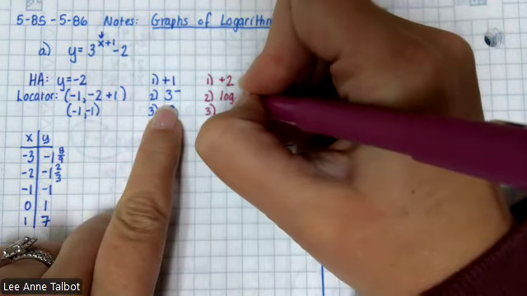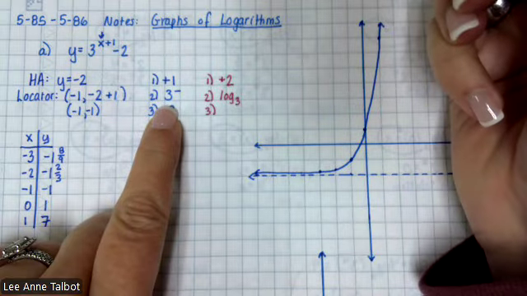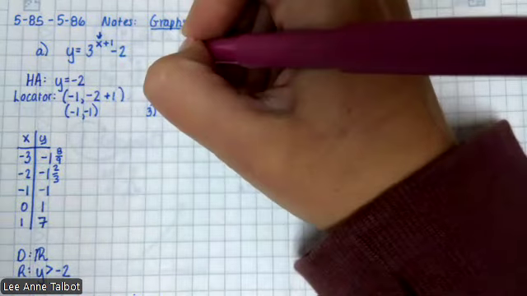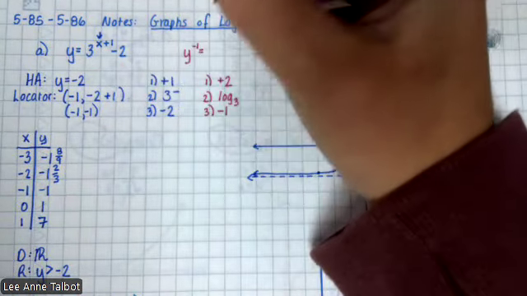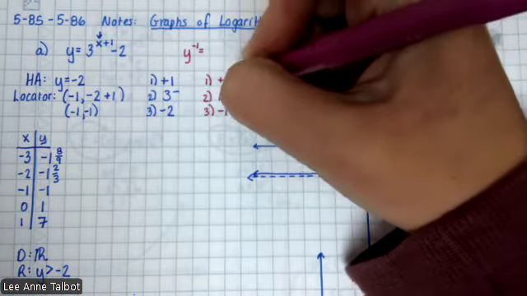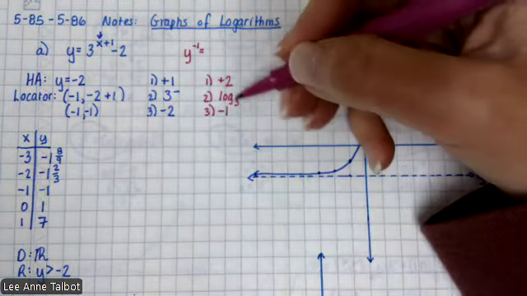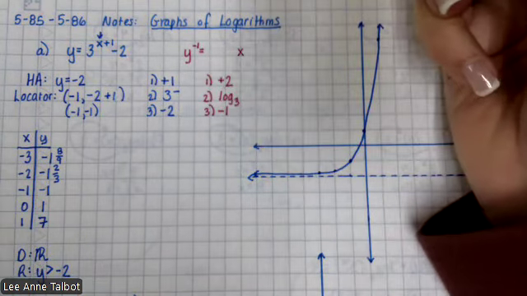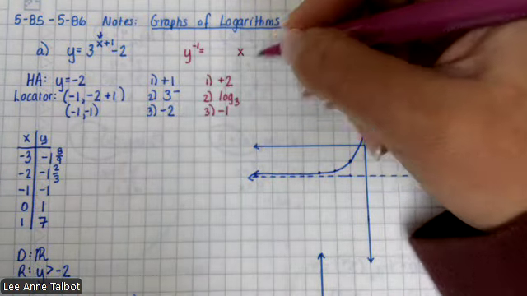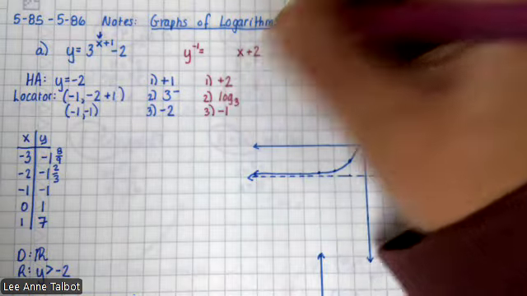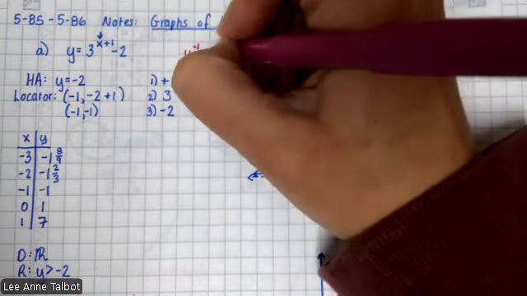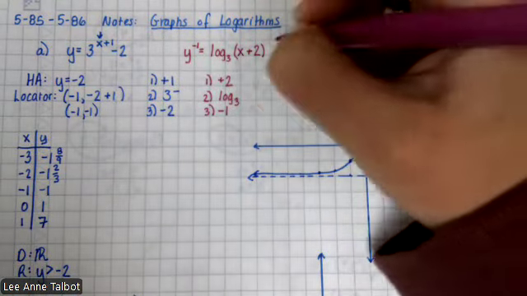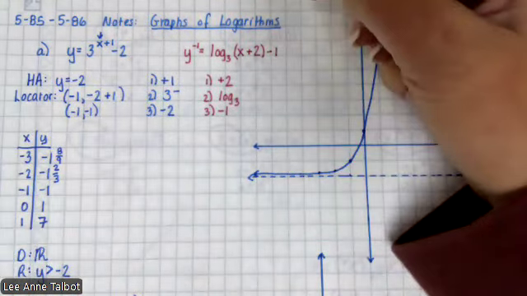Log base 3. Minus 1. Okay, so I'm going to write it up here. Y inverse equals. So I want to start with x, but I notice I'm going to have to put log 3 in the front of that. So I'm going to put x way over here. And then plus 2 first. Log base 3 of everything. Minus 1 on everything.